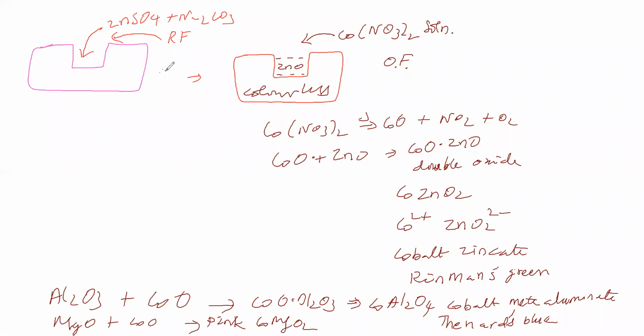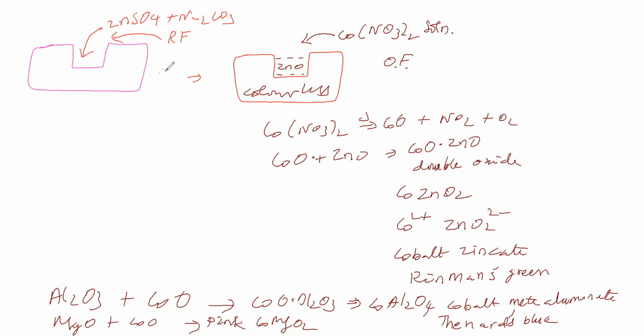So, charcoal cavity test then cobalt nitrate test. Which one do we have to take for the cobalt nitrate test? If the residue in the charcoal cavity test is colorless, then that residue is taken to the cobalt nitrate solution test.